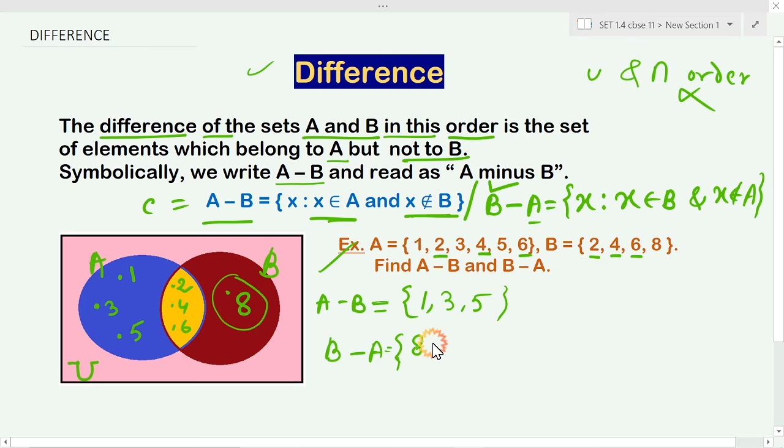So B minus A equals 8. Okay. As 2, 4, 6 are also elements of A, so 2, 4, 6 do not belong to B minus A because B minus A contains the elements of B only. Okay. So this is difference.